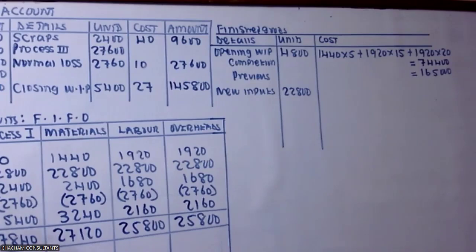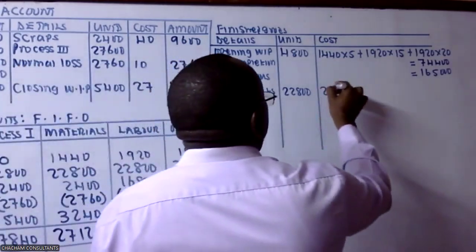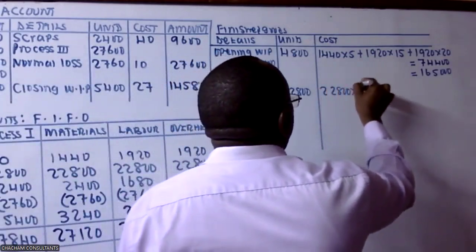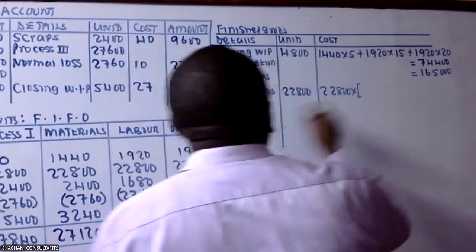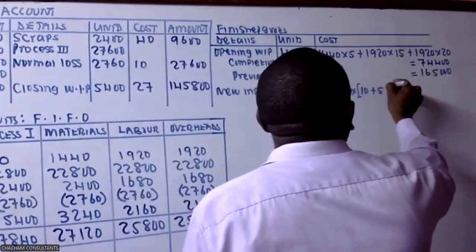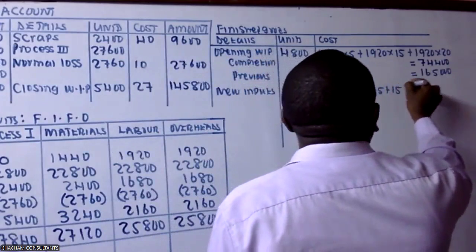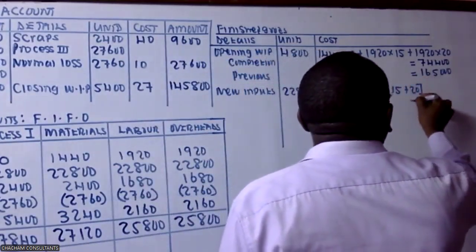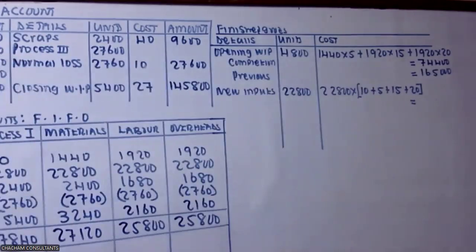But because they are the same, we can just factorize to 22,800 times in brackets, 10 plus 5 plus 15 plus 20, instead of multiplying each. You factorize that way. So 10 plus 5 plus 15 plus 20 times 22,800 is 1,140,000.